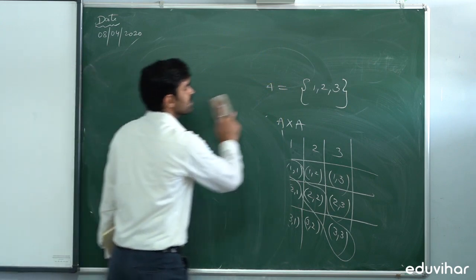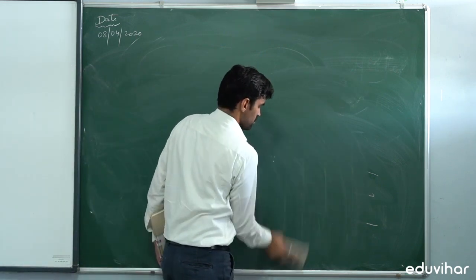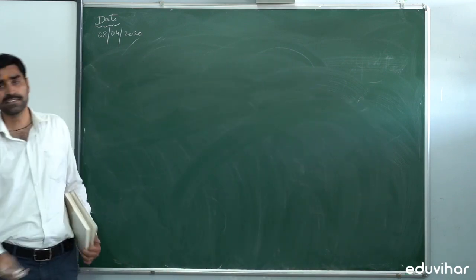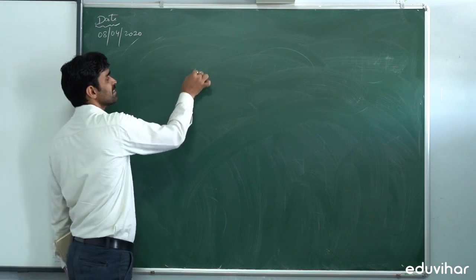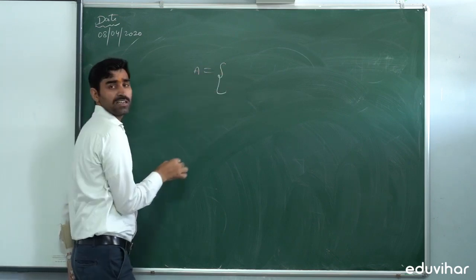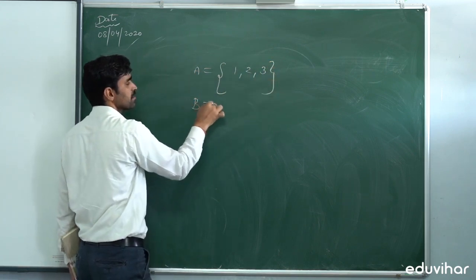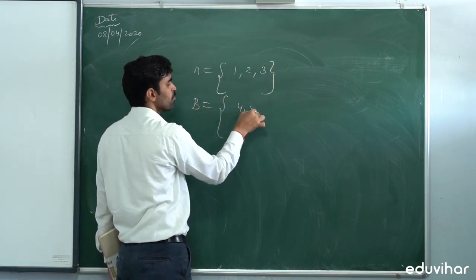Now we consider some examples. Consider set A having the elements 1, 2, 3, and set B having the elements 4, 5, 6.